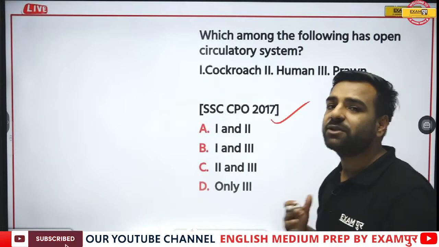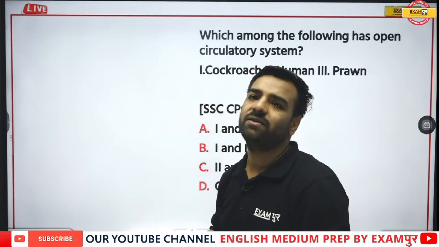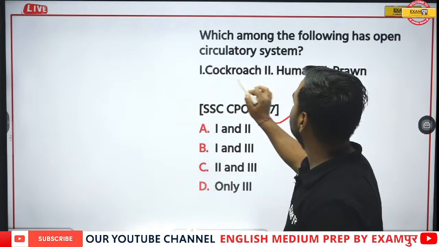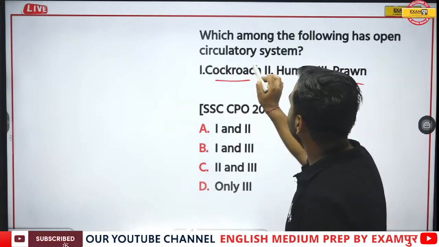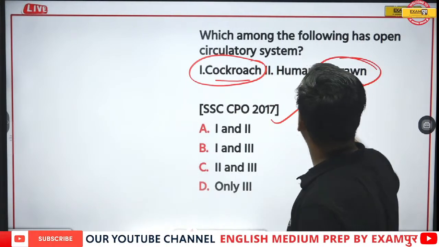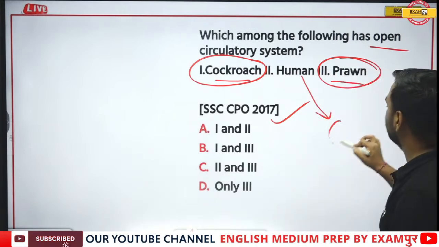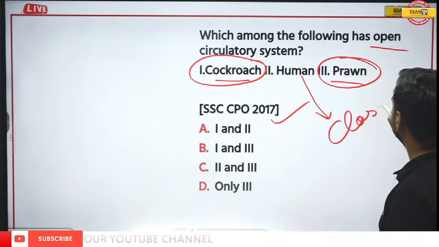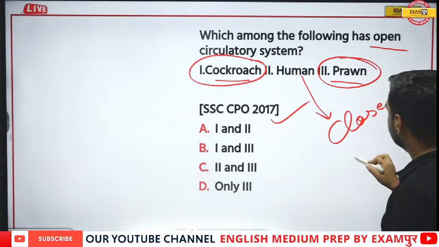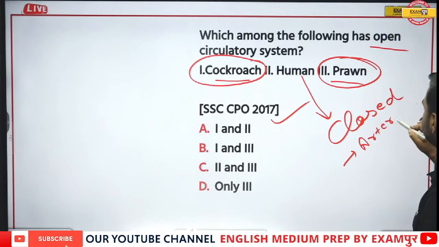Our body is actually a closed circulatory system in which those vessels, arteries and veins, are there. But this is not so with the cockroach and prawns. So that means 1 and 3 have the open circulatory system. Humans have a closed circulatory system because we have arteries and veins.